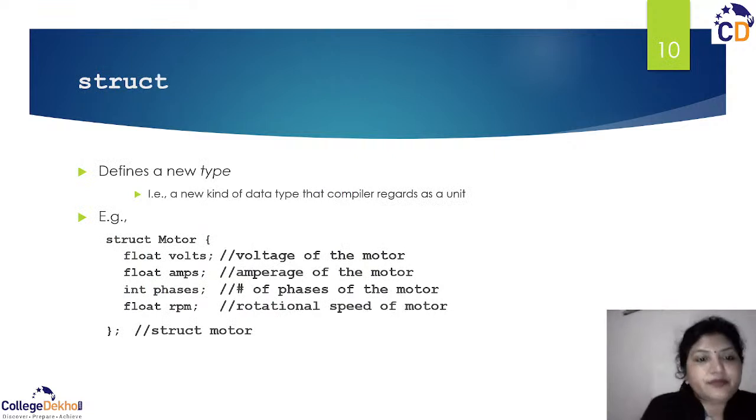Then we have struct. Now let us see what is struct, and I have taken some more examples to make you understand how it works, and different data types can be taken while defining a structure. The struct keyword is used for defining a structure, and we have defined another structure, motor, having float volts, the voltage of the motor, amperage of the motor, amps, phases of the motor, and rotational speed of the motor.